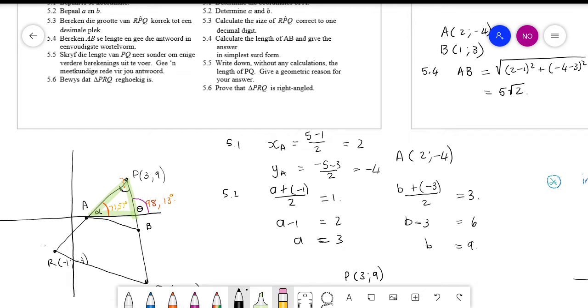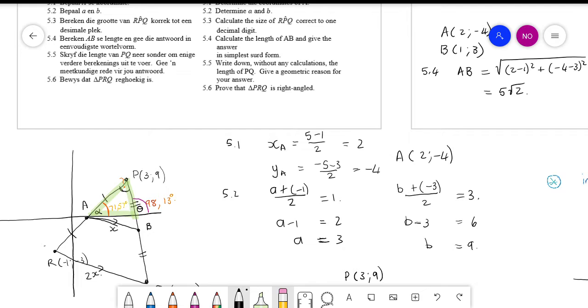I don't know if you guys did the midpoint theorem last year, but the midpoint theorem says if this side and this side are divided in equal lengths, then this line must be parallel to this line, and that value will be half the value of this value.